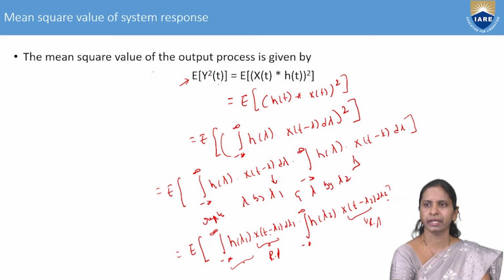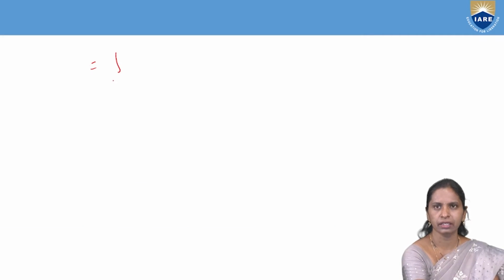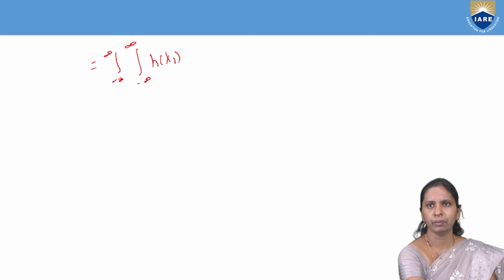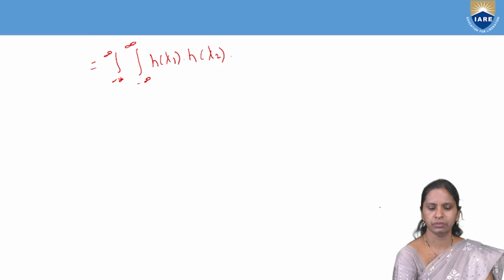The remaining terms you can bring outside. Then you can write this equation as the integration from minus infinity to infinity, and similarly lambda 2 is also from minus infinity to infinity, of h of lambda 1 into h of lambda 2 into the expectation of x of t minus lambda 1 into x of t minus lambda 2, next d lambda 1 and d lambda 2.